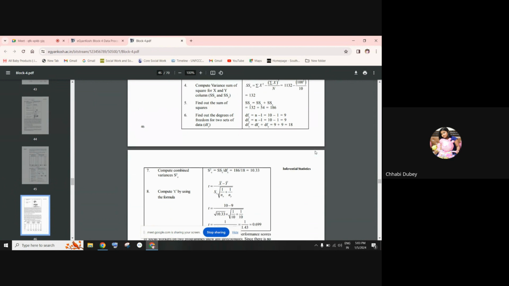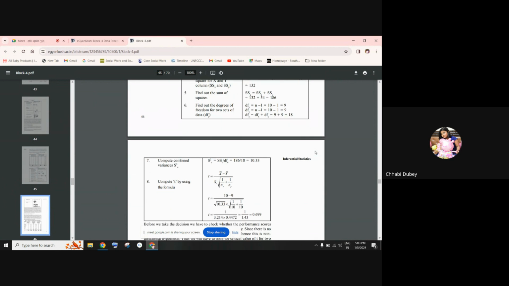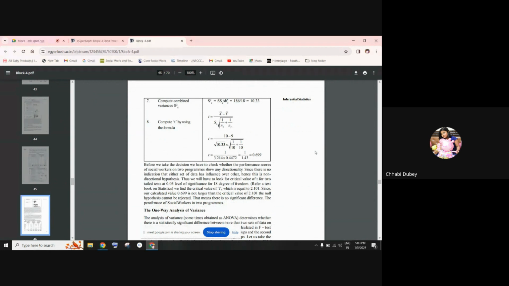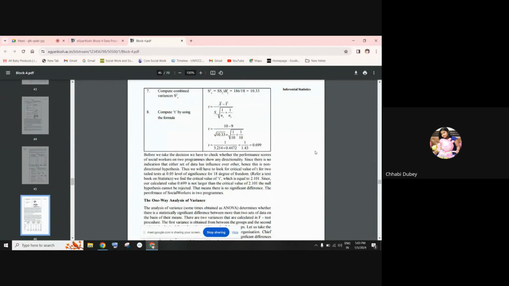So this formula is used for computing the t here. It will help us to understand whether there are some significant differences or not in the performance of social workers in the two programs according to the question here.